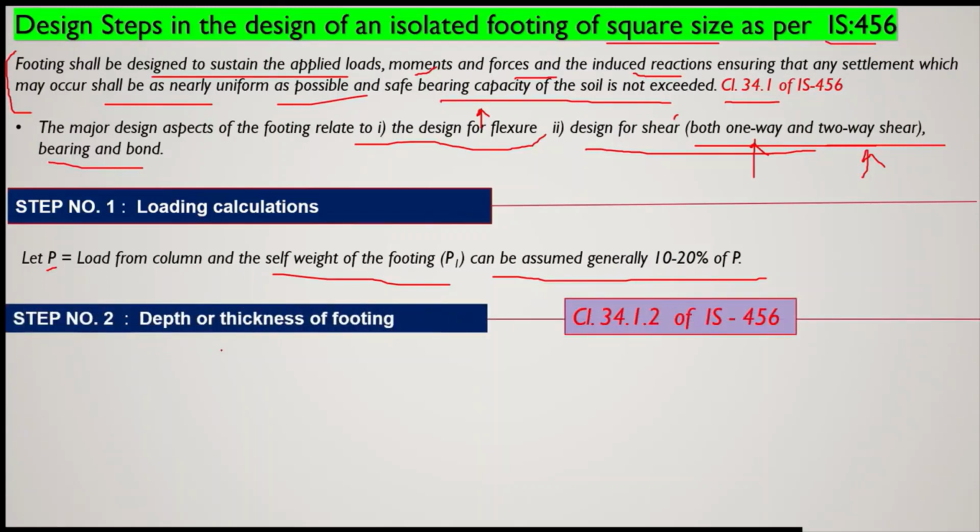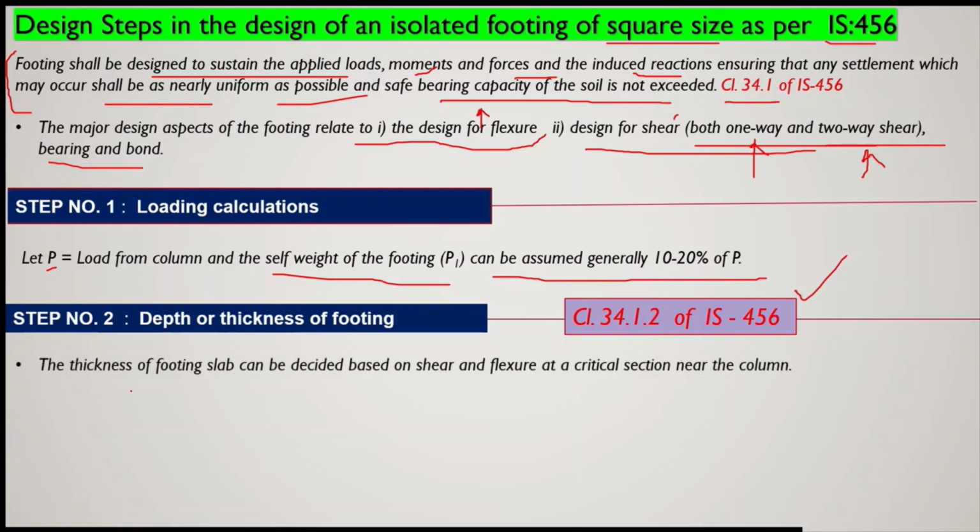Step number 2 is depth of the footing. That means what should be the guideline for assumption of thickness or depth of the footing. We can refer clause number 34.1.2 of IS-456.